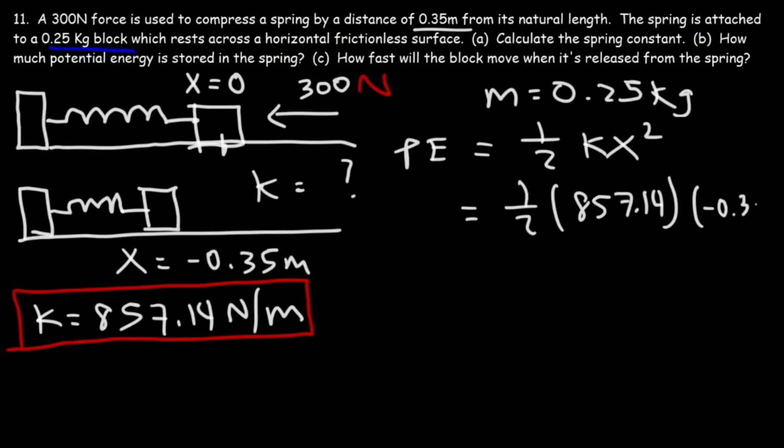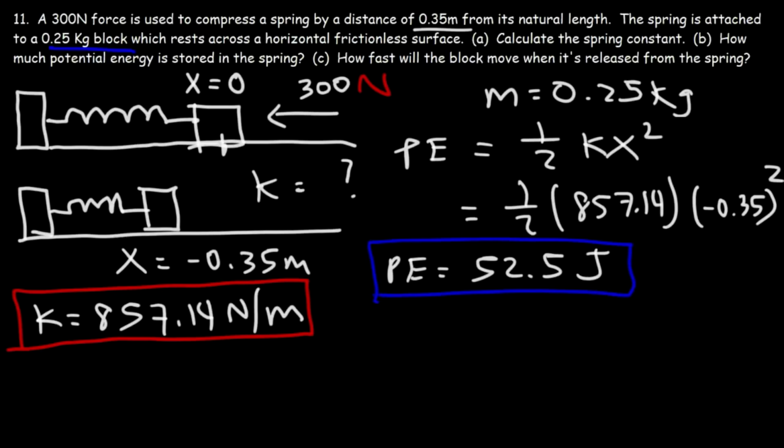Now we could put negative 0.35 if we want to, but once we square it, the result will be positive. So the potential energy stored in this spring is approximately 52.5 joules. So that's it for part B.